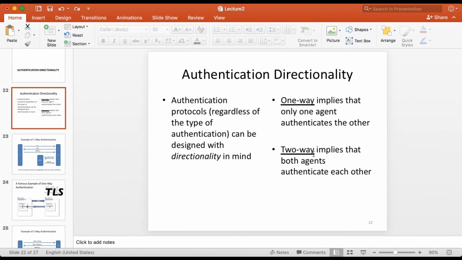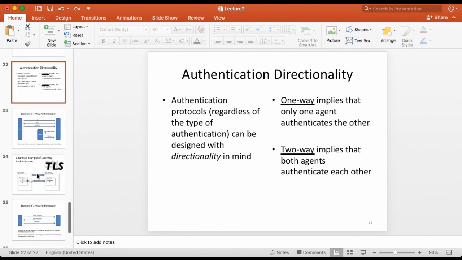And two-way authentication, which means that both of them will end up knowing certain properties about the other side participating in the protocol. So there are some protocols that are one-way authentication and some protocols that are two-way authentication.